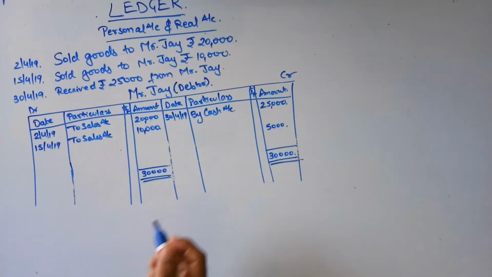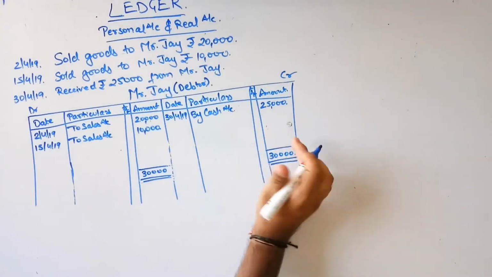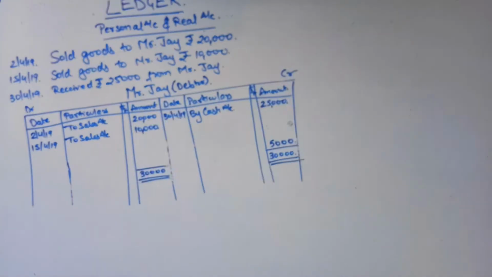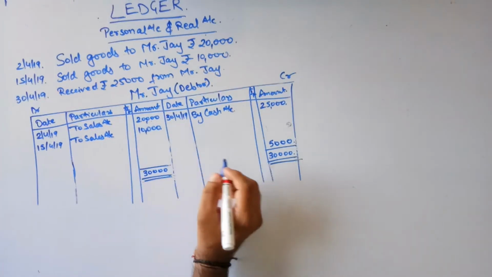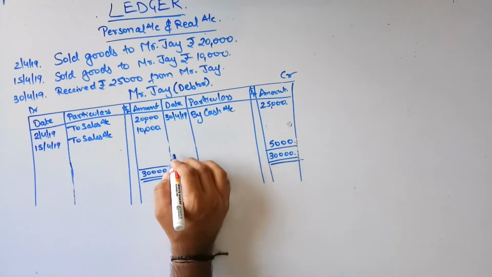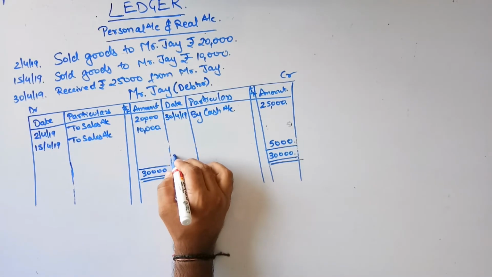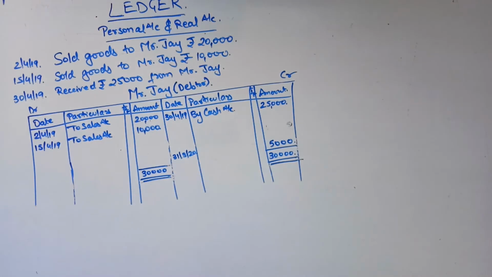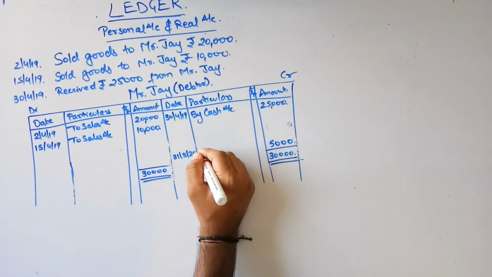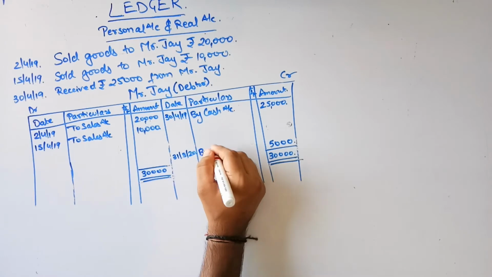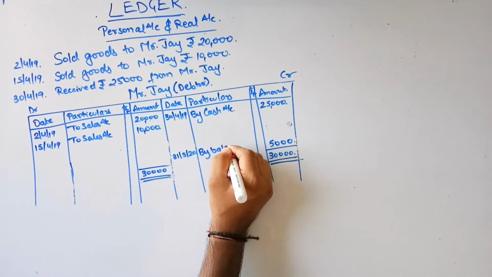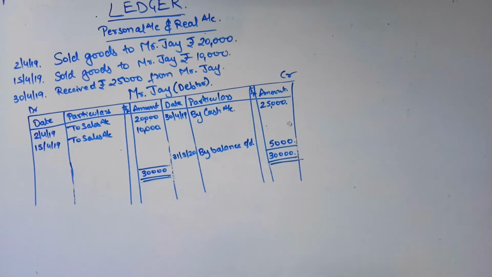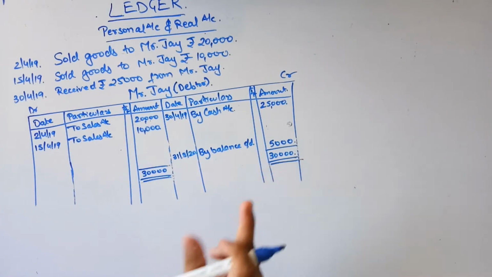Okay guys, this 5,000. So what will this 5,000 be? What did I say to you? When do we close the accounts? Always on the last day of the financial year. The last day of the financial year will be 31st of March 20. Okay, how will you close? Here you will write by balance carried down 5,000.